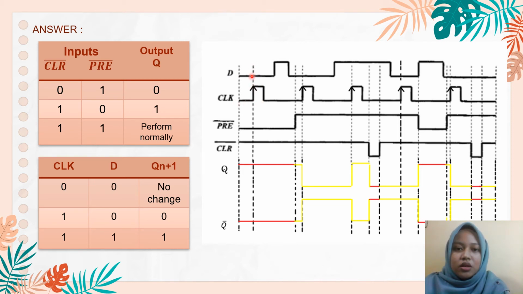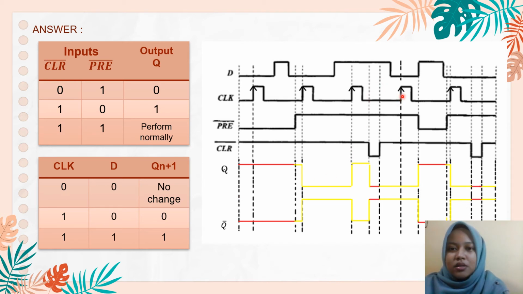Okay, first clock D0, preset 0, clear 1, Q is 1. The second clock is D0, preset 1, output becomes 1. Third clock is D1, preset 1, clear 1, output Q is 1.